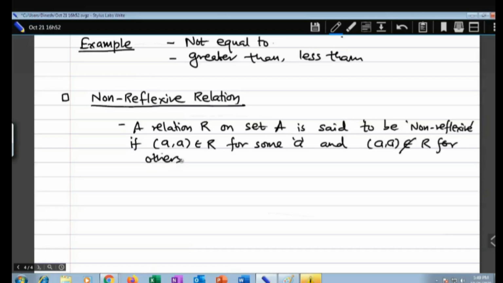Meaning it is true for some and not true for some others.